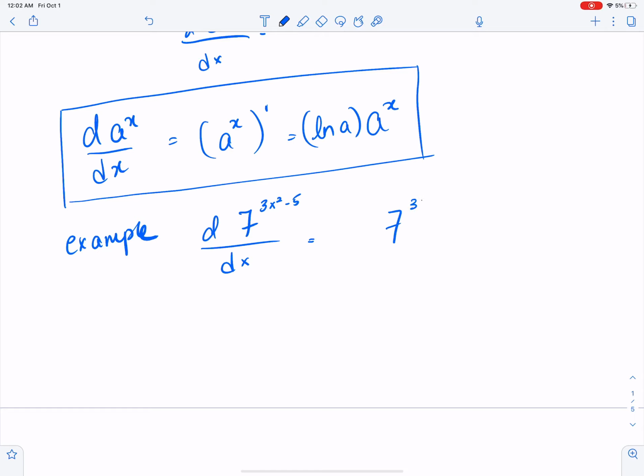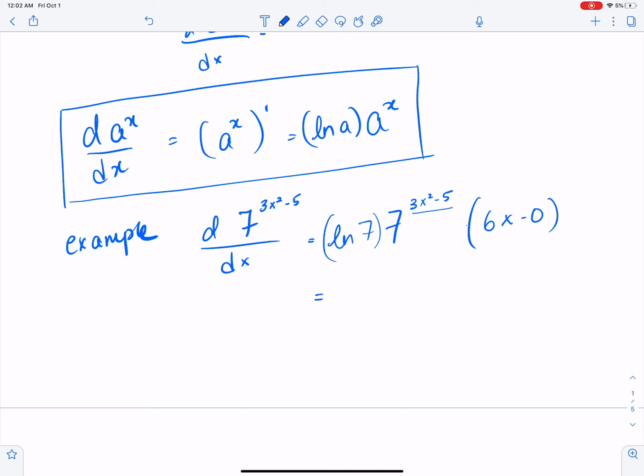You'll have 7 raised to that function, okay? But you have to multiply by the derivative of that function, which is 6x minus 0. But don't forget, we have to throw in the log 7 in front, okay?